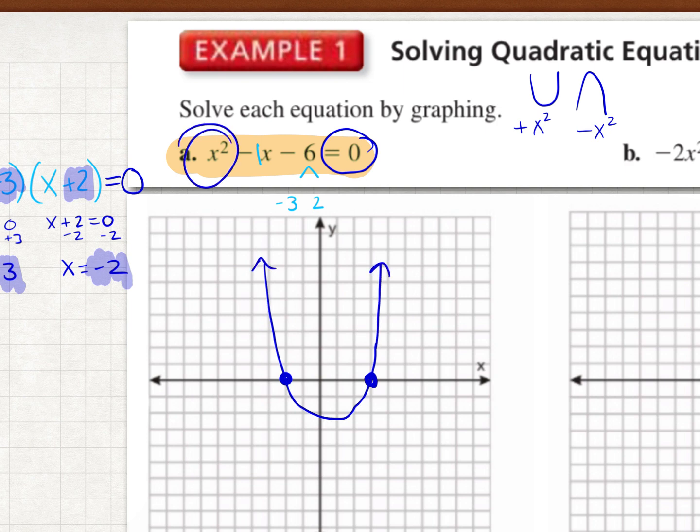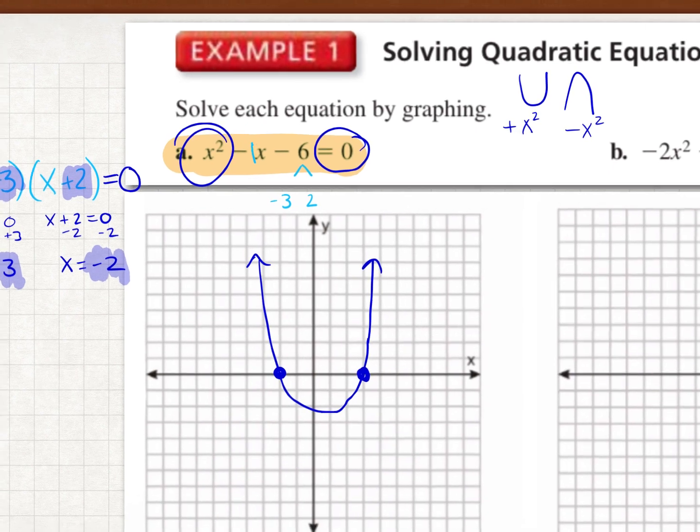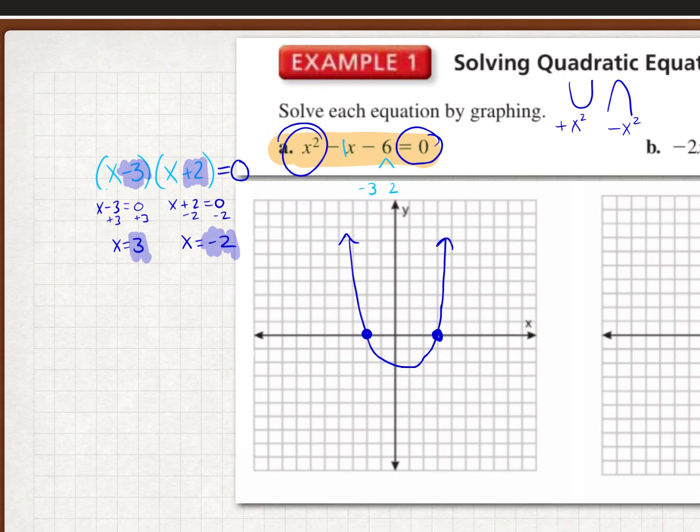There's no negative in front of it, so it's going to open up. So this would be our graph. So all we need to do is find our two answers for x, and then we would just draw our parabola through it. So the most important part is coming up with the two answers here. x is equal to 3, and x is equal to -2.